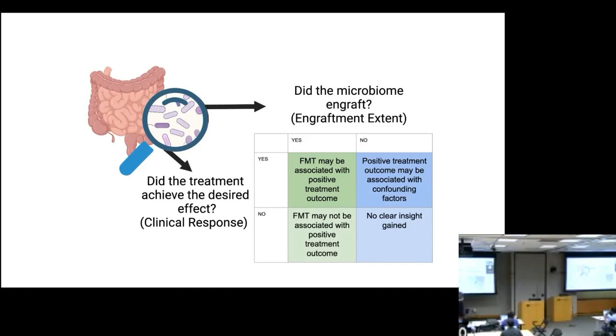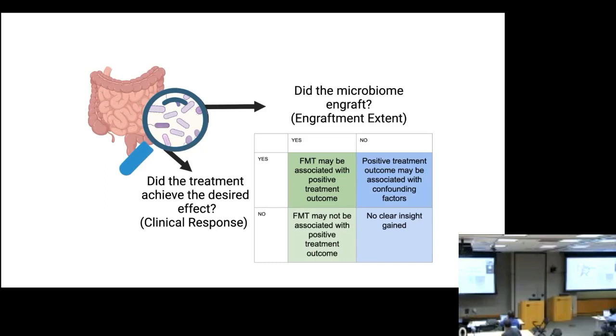And here's kind of my example of this. You may not see a clinical response, but if you don't know if the microbiome engrafted, you may end up saying, we didn't get any clear insight from this study. But if we know that the microbiome had high engraftment extent, then you're probably in this box of, we didn't see a clinical response, but we had a successful FMT engraftment.